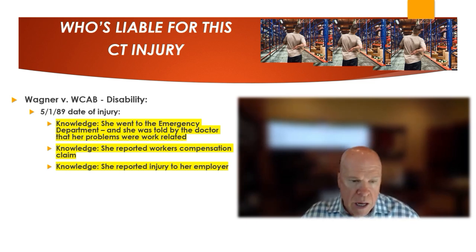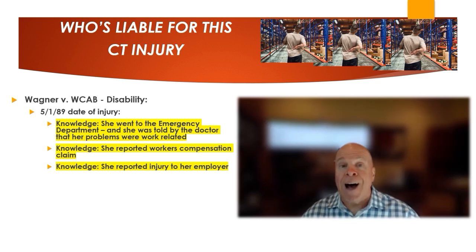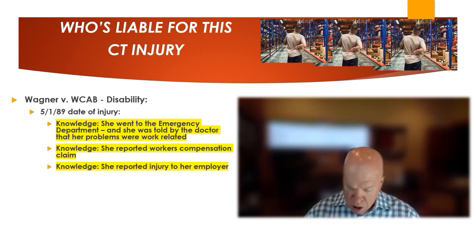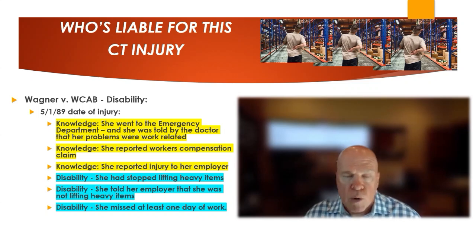They argued that Wagner had knowledge in May of 89 when she went to the emergency room and was told by the doctor there that her problems were work-related, and when she herself reported the injury to her employer. So knowledge was undisputed, actually.